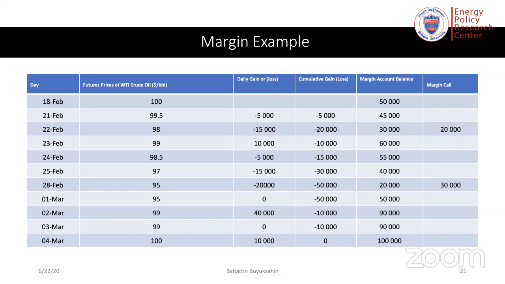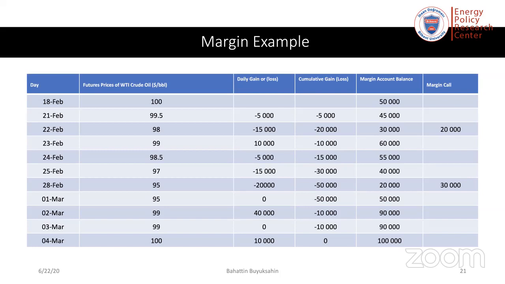For 10 contracts, this equates to a 10,000 loss. His loss is the difference between the margin balance, which is 90,000, and the amount of margin payment he made, $100,000. What if the price was at 105 on March 4th, the day he closed his position?